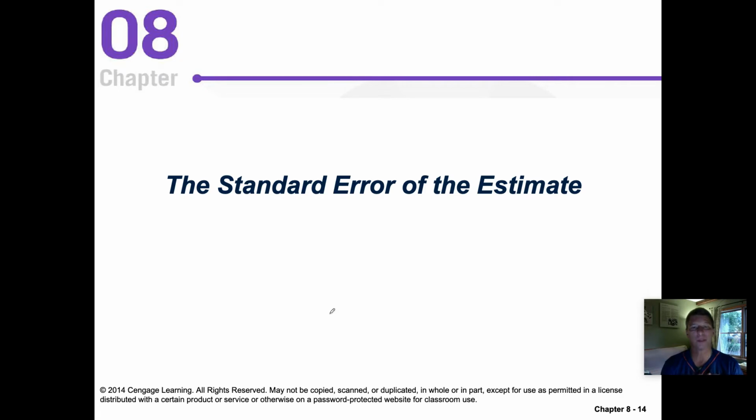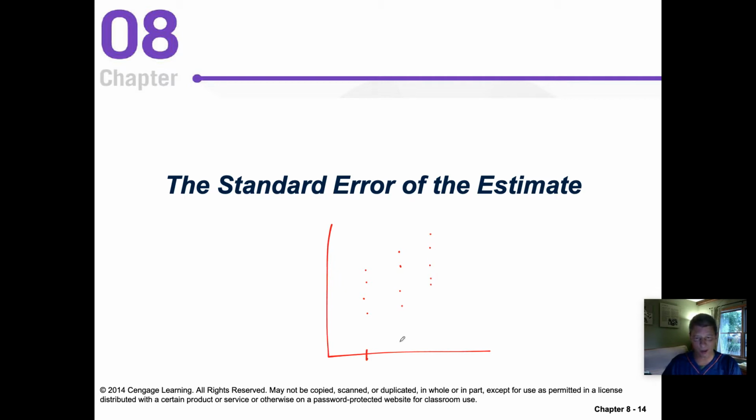What we're going to start with today is what's known as the standard error of the estimate. Essentially, this is the amount of variance, or the standard error, of the y-scores around a particular value of x. You may recall that there may be multiple values of y for each value of x, right?